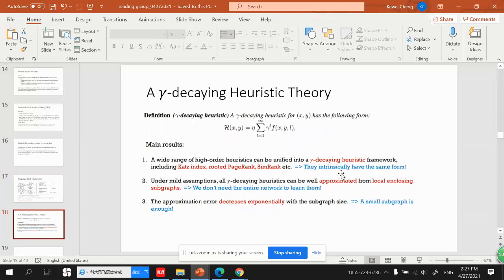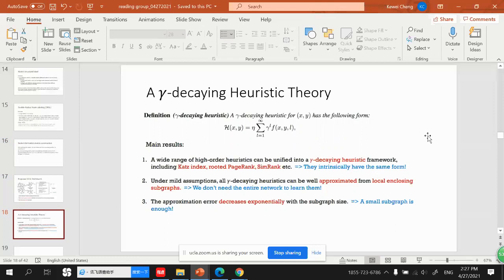So the author answered this question by proposing the gamma decaying heuristics theory. This theory defines gamma decaying heuristics in the following form.